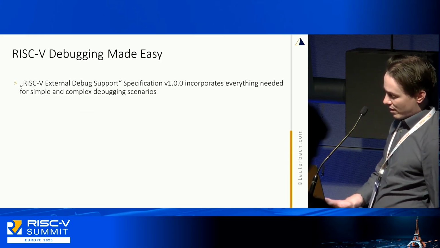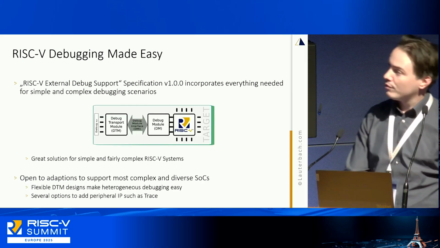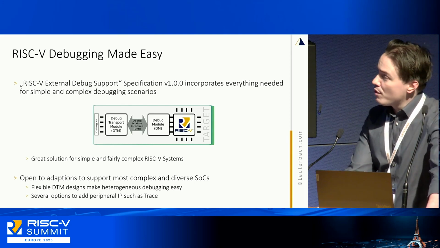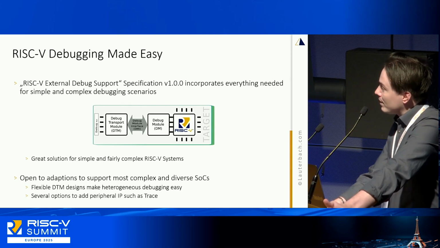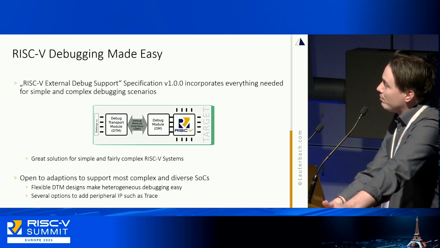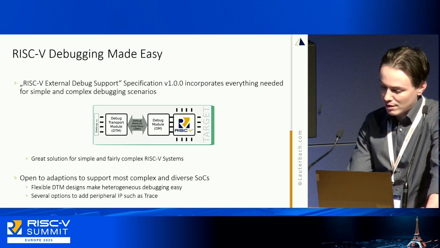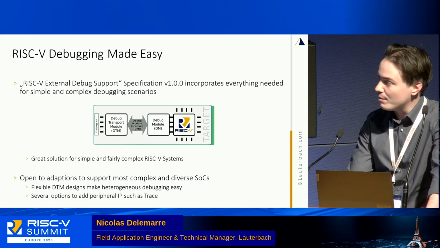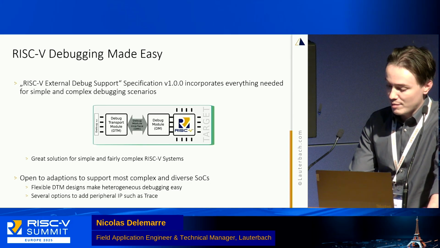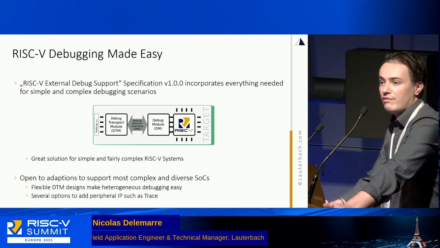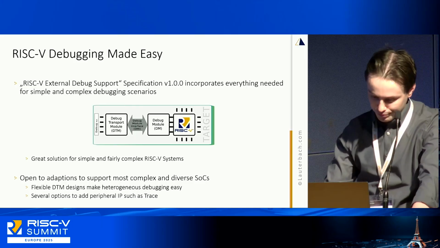So about RISC-V debugging, you have a simple example here. You have a basic implementation where you have a RISC-V hart connected to a debug module. This debug module is basically providing the basic debug mechanisms, and it is connected to a DMI, and then connected to the debug transport module, which is basically the interface to the outside world, the so-called debug port.